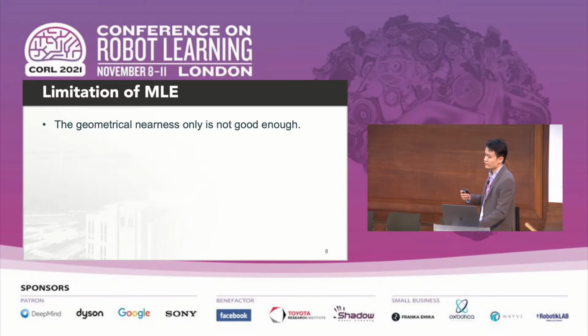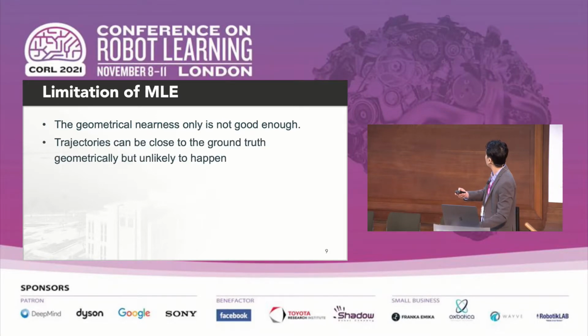However, especially in the field of driving, geometric nearness alone is not good enough. In many complex traffic scenarios, there can be many potential trajectories close enough to the ground truth geometrically, but are very unlikely to happen due to the context violation.